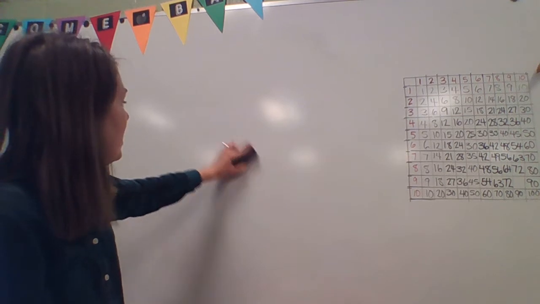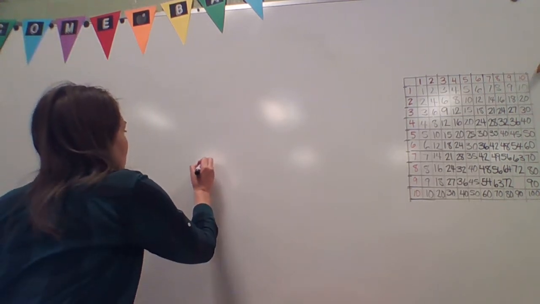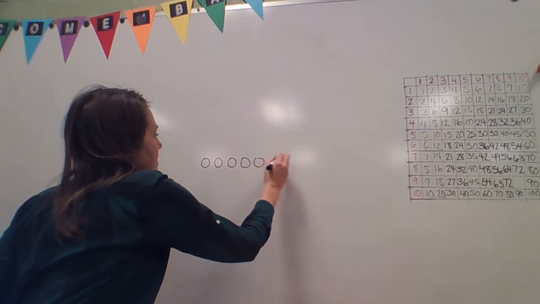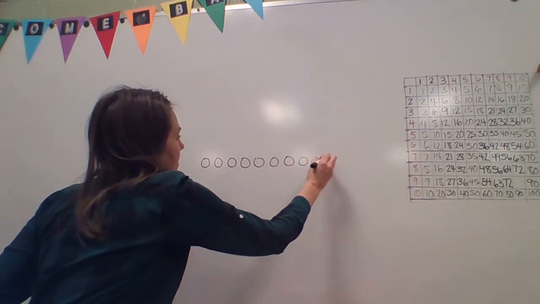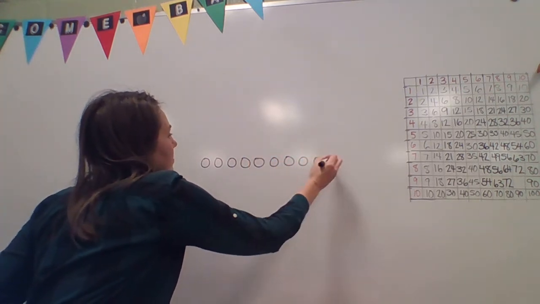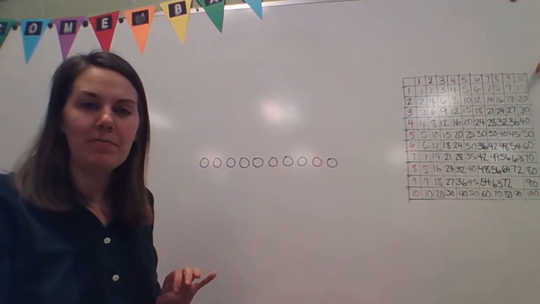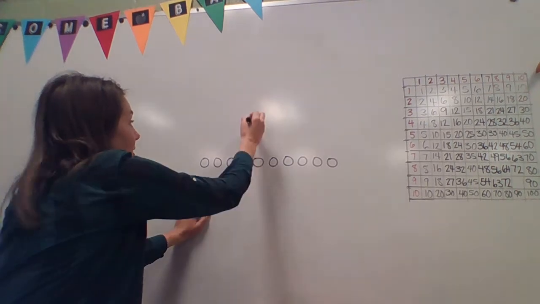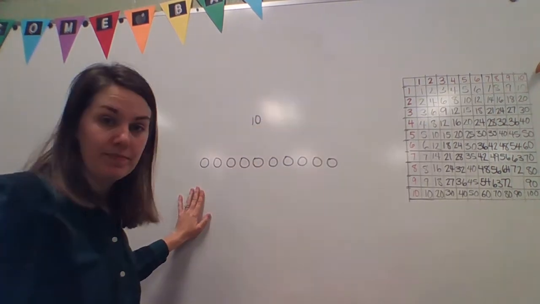So if I had one row of 10, close those little pumpkins up. If I have one row of 10, then I would have 10 pumpkins, right?